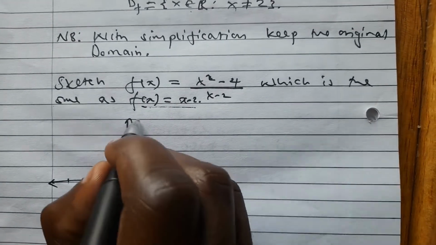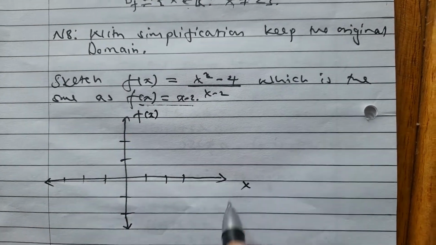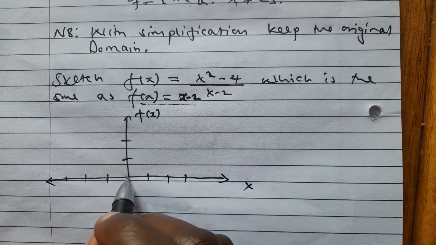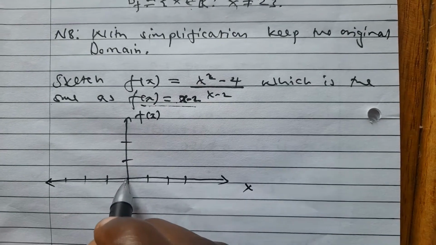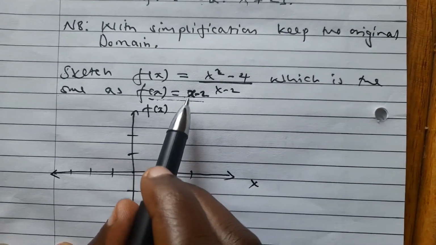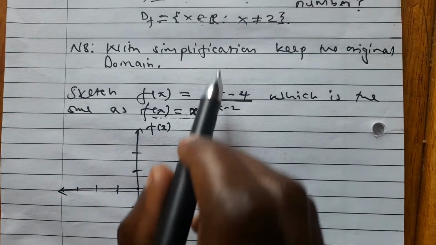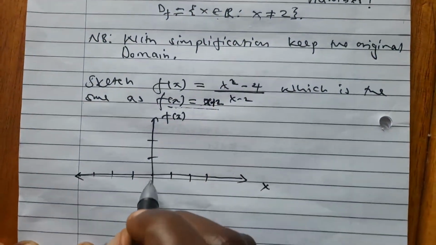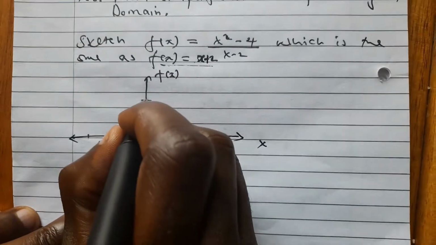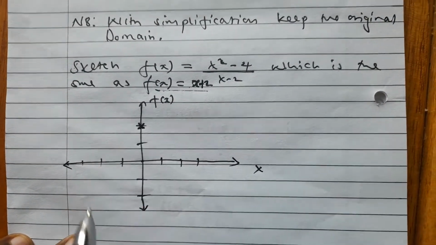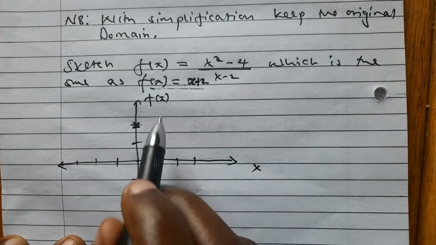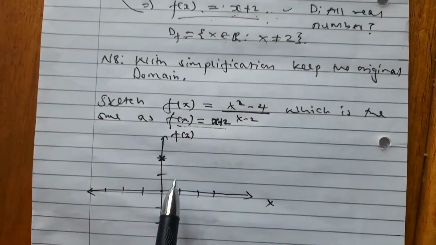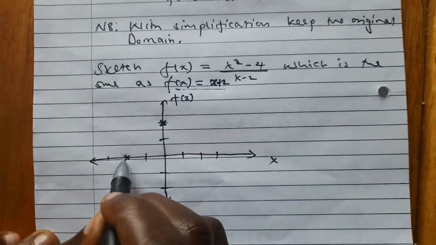So this is my f of x, this is my x, the function is x plus 2. When x is 0 here, the simplification is positive, so this is plus 2. So when x is 0, my f of x is 2. And when my f of x is 0, my x is negative 2, somewhere here.